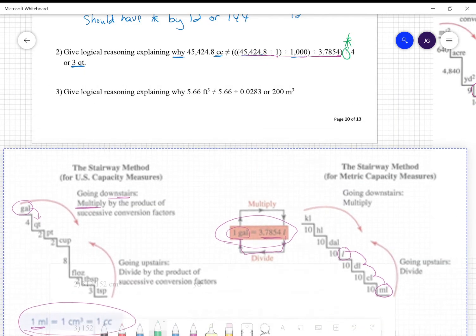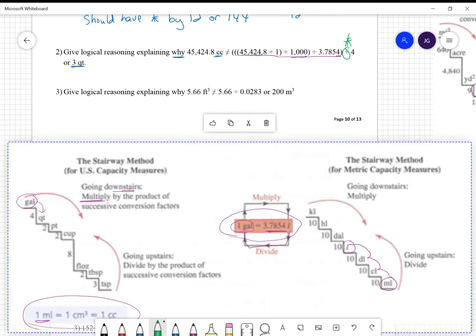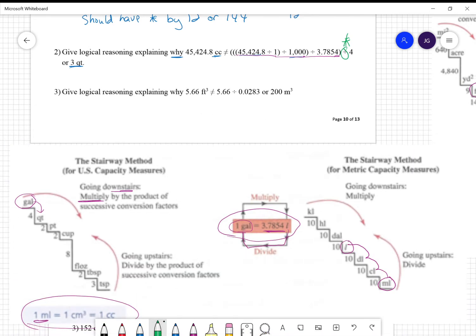Let's move this out of the way so I can write that down. The last step should be multiply by 4, not divide.